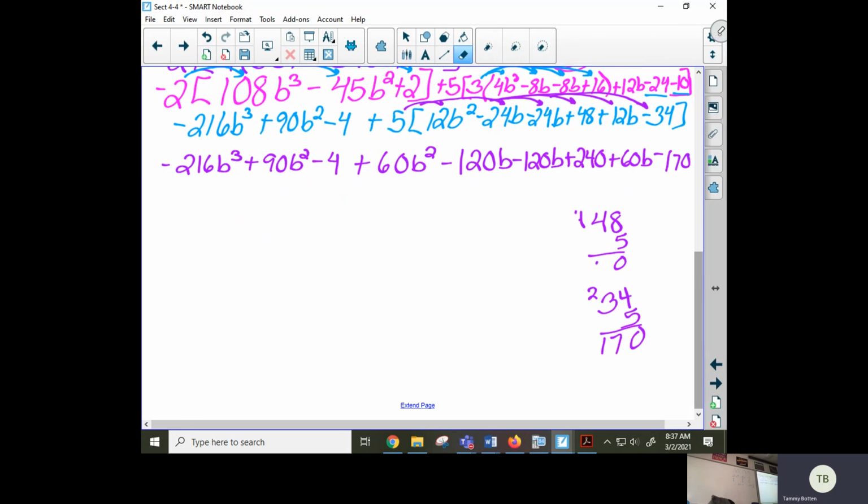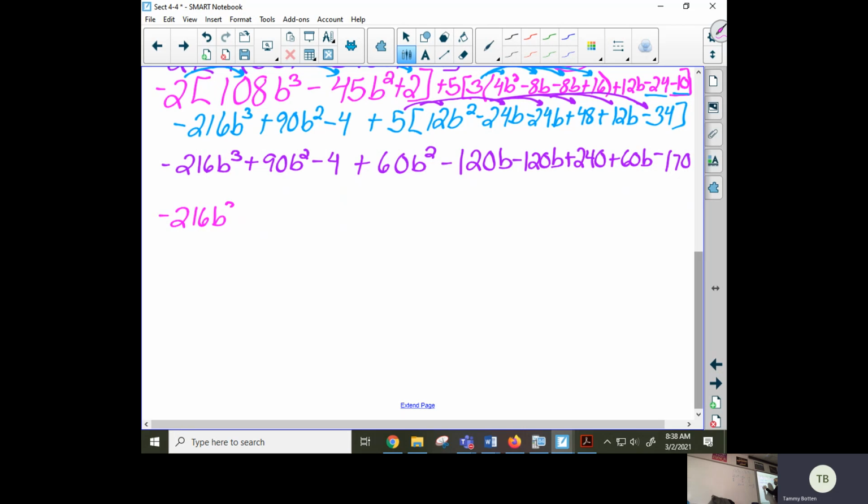So now I have everything multiplied out, and I have to try to combine my like terms, okay? The only thing that I have that has a b cubed is the negative 216b cubed.